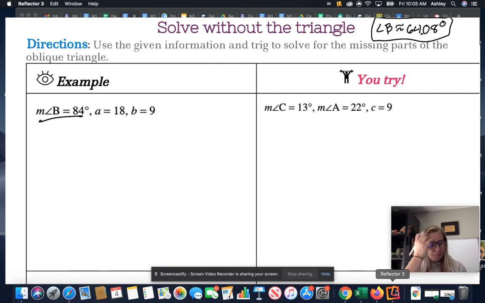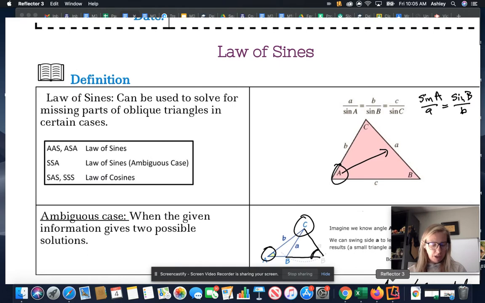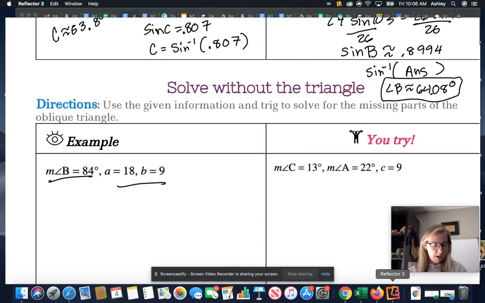We have an angle and we have two sides. Okay, so let's go back to our ambiguous situation. We have an angle and two sides. Now, if the angle's included, that's different, right? If the angle's in between those two sides, we're actually going to use law of cosines, which we'll learn next lesson. But currently, is the angle included or not? So let's find out.